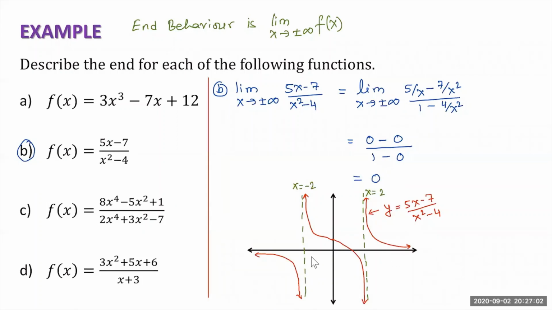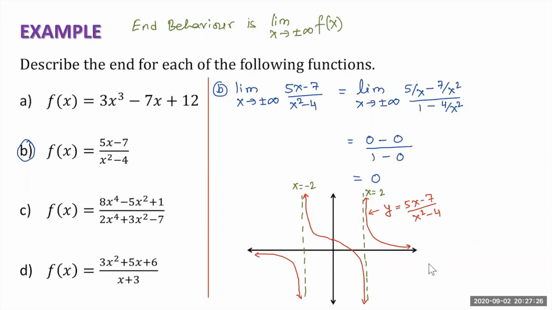So the value of y will be 0. Similarly, when x approaches negative infinity, this graph increases and gets closer and closer to y equal to 0, because it approaches closer and closer to the x-axis. So that is the meaning of that.